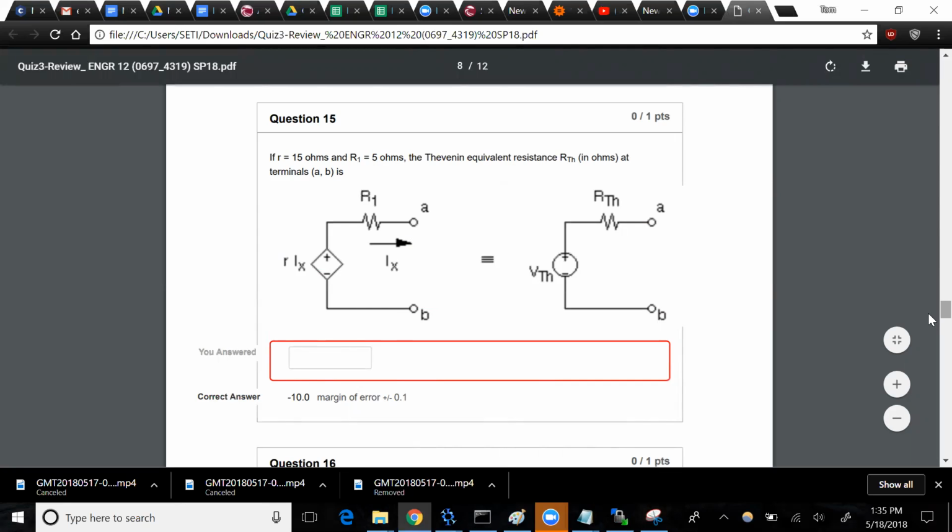Let's see. Well, those are tricky, right? Let's do those.